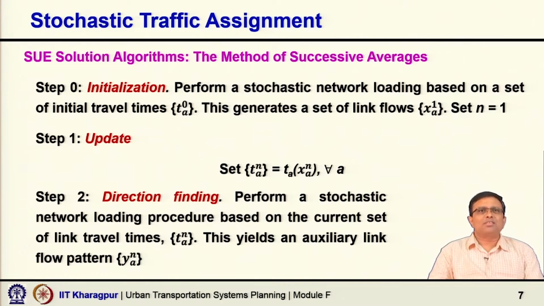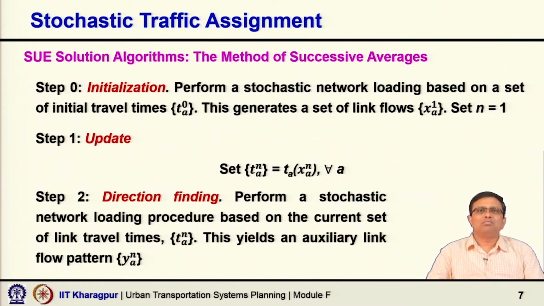Now, how to go ahead with this? So, we do the initialization, perform a stochastic network loading as we have discussed in lecture 9, the previous lecture, based on a set of initial travel times.